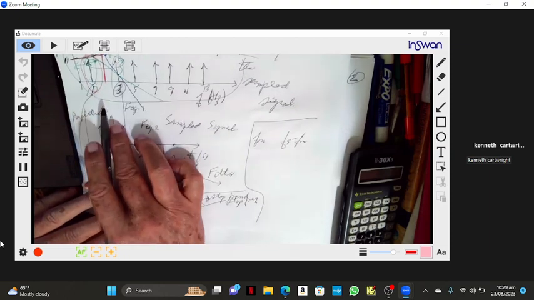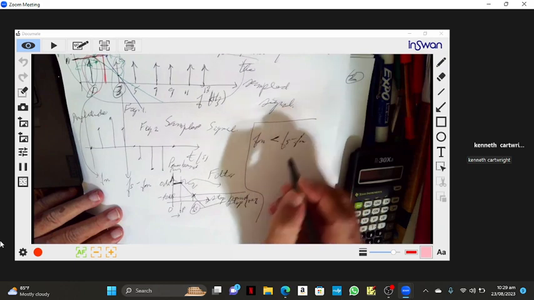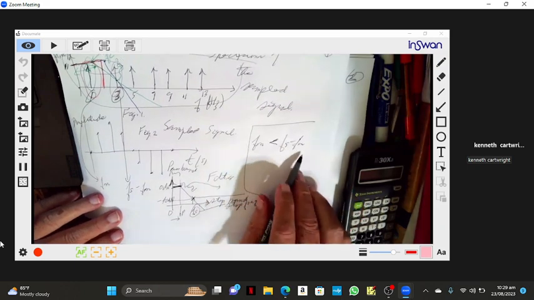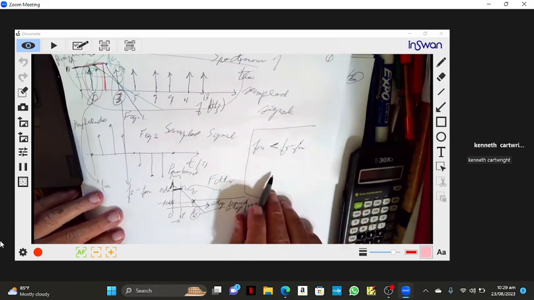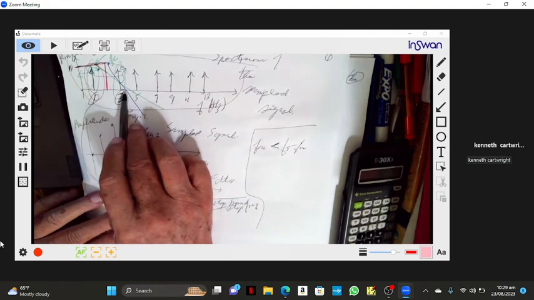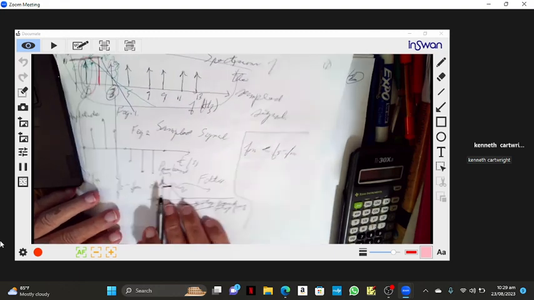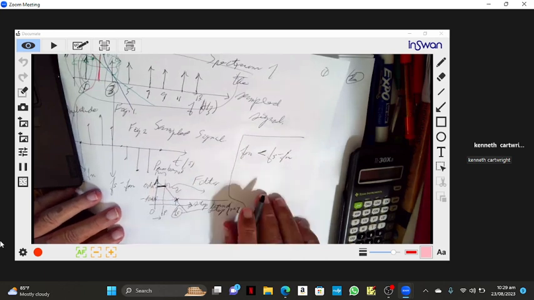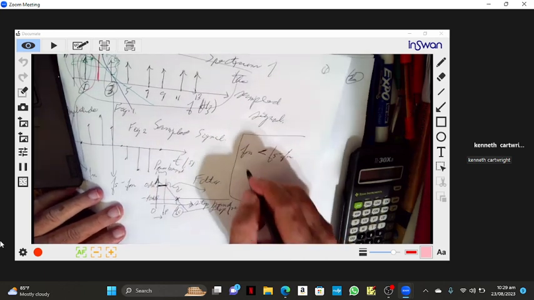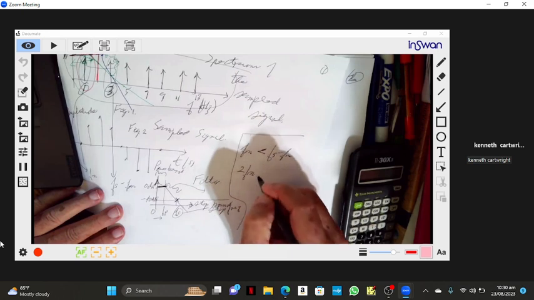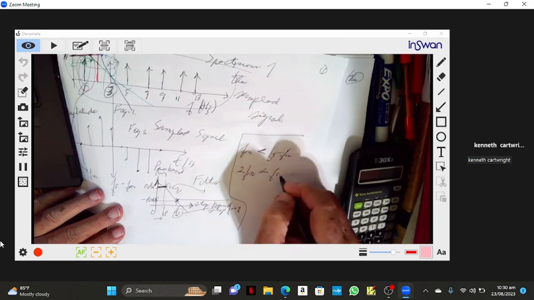So FM must be less than FS minus FM. This frequency must be less than this frequency in order to separate them with a low pass filter. Or another way of saying the same thing, 2FM is less than FS.